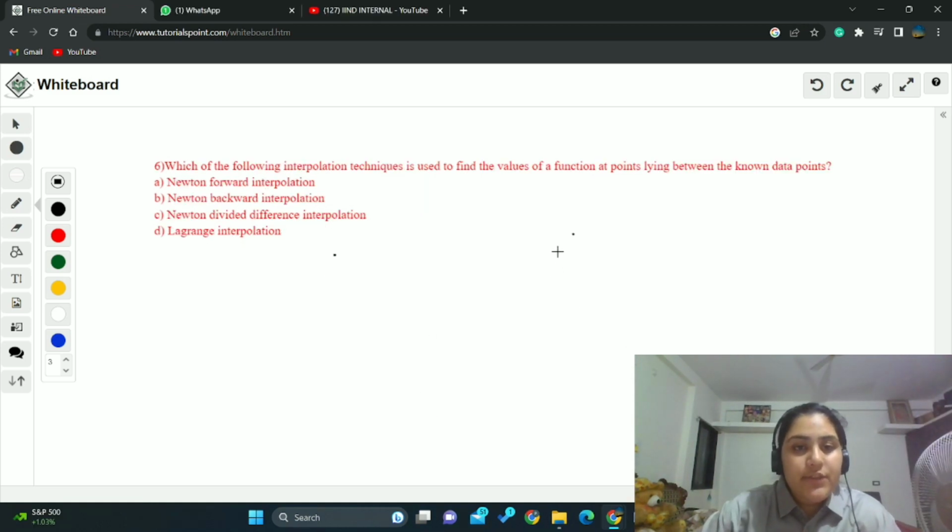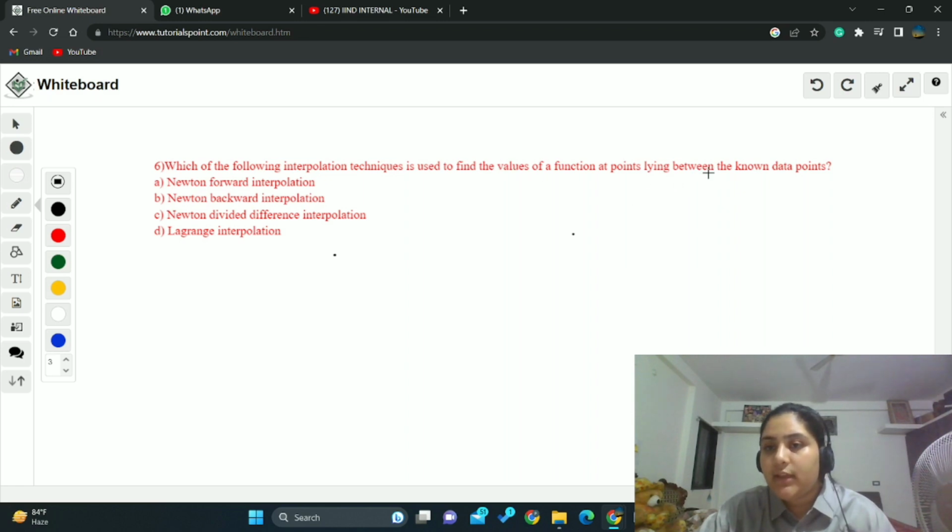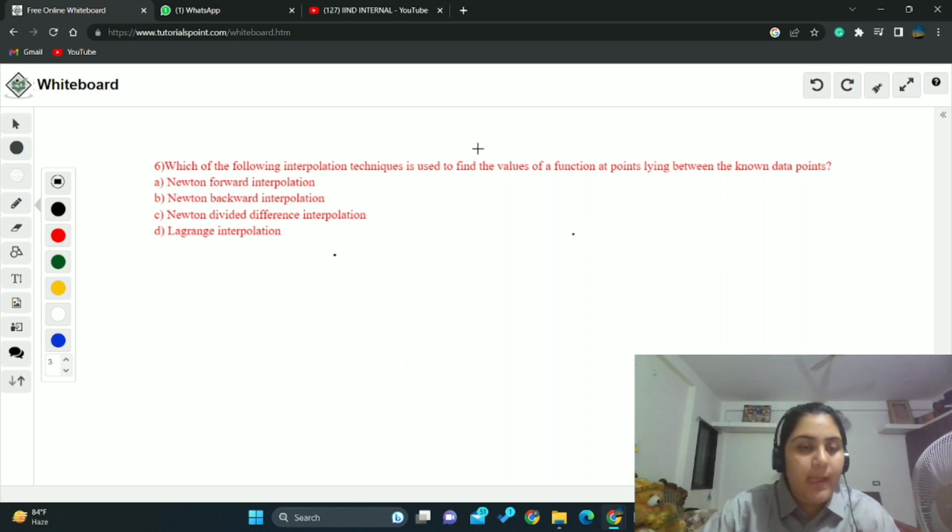Question number 6. Which of the following interpolation techniques is used to find the function at a point lying between the known data points? Options are A, Newton forward interpolation, B, Newton backward interpolation, C, Newton divided difference interpolation, and D, Lagrange interpolation. As we have seen before, Newton forward and Newton backward interpolation are primarily used to approximate the value of function within the known range of data points.